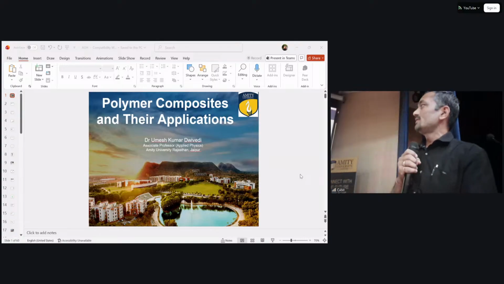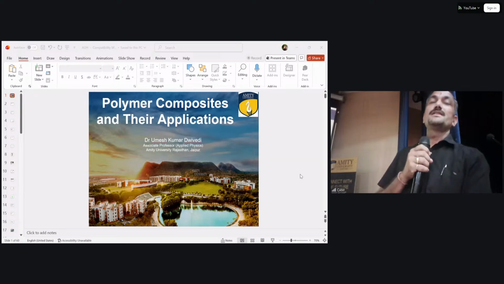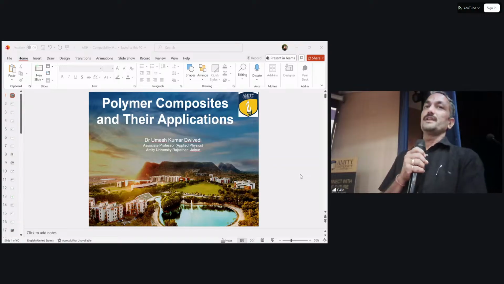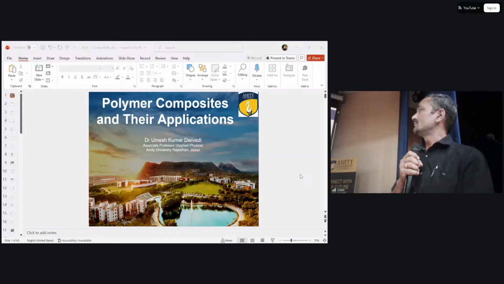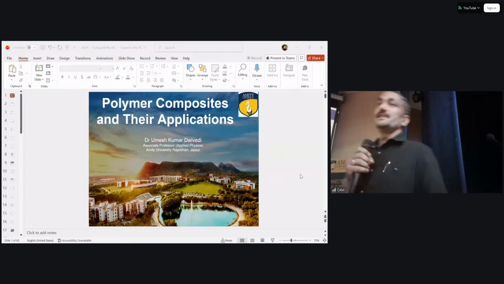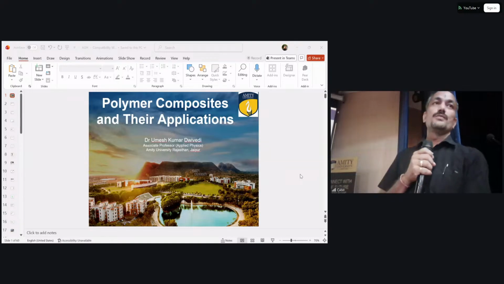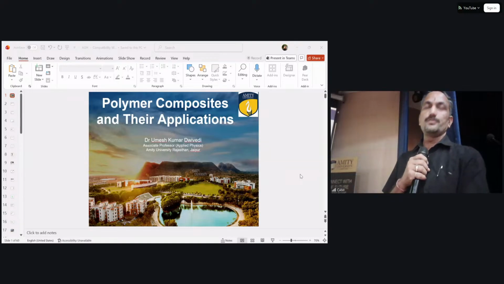So now, for flexible electronics, this type of EMI shielding nano composite material is used. We have already developed some nano composites using CCTO and cobalt ferrite with elastomer for an ISRO project.